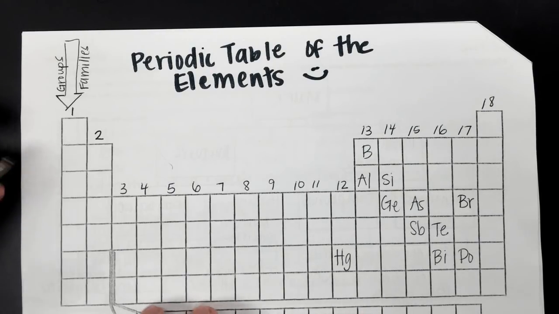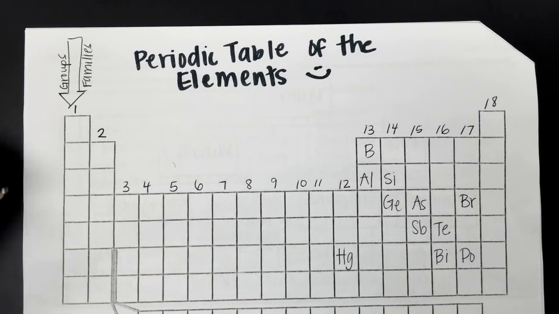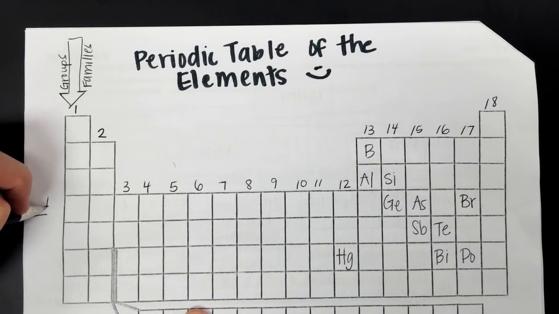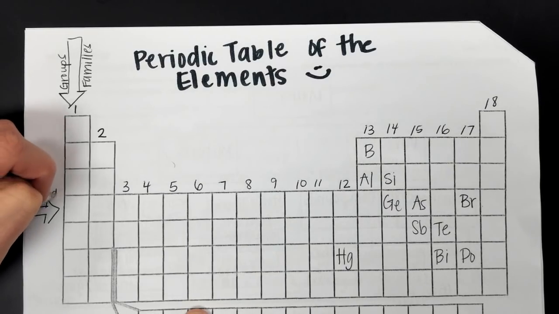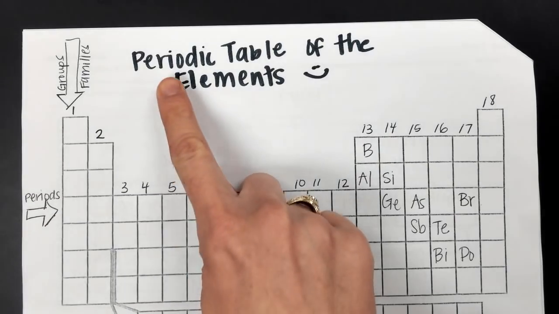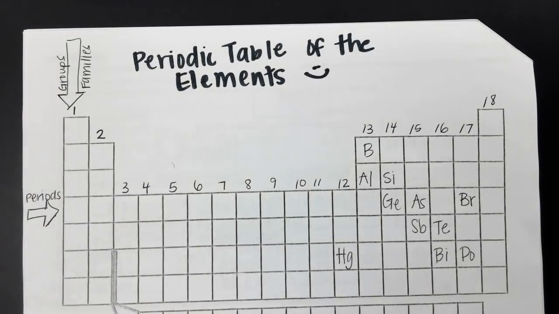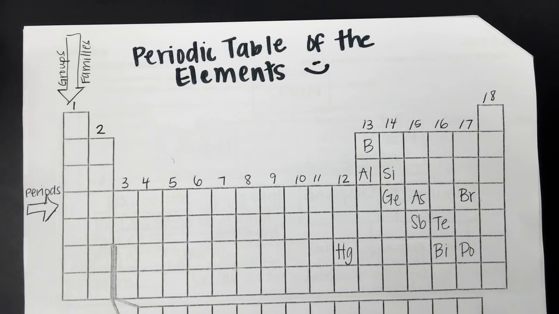Okay, these rows that go across, your horizontal rows, are called periods. Okay, and that's where we get the name periodic table. Okay, they are numbered 1 through 7.